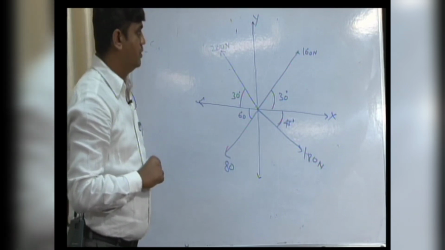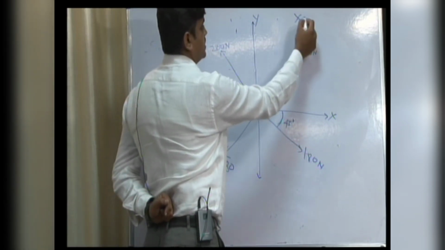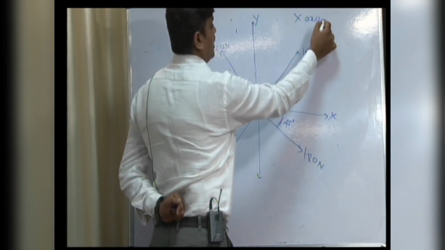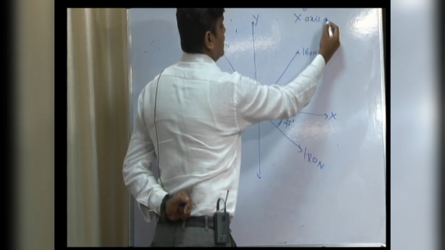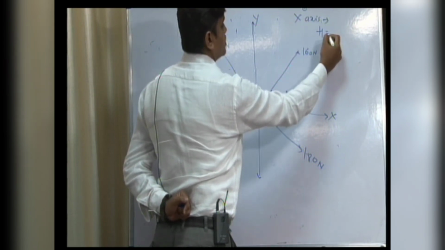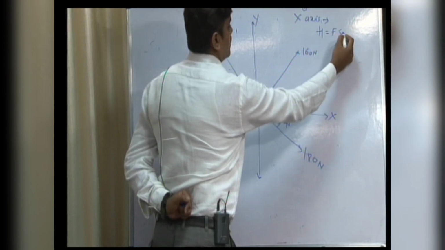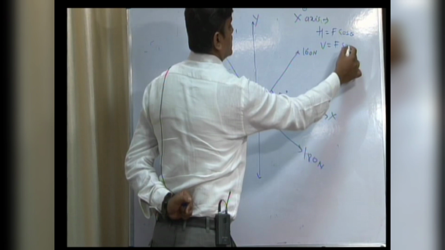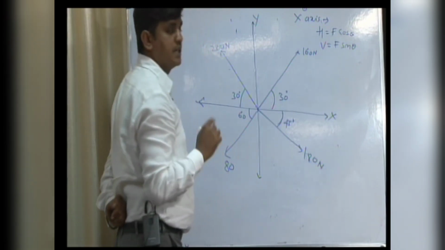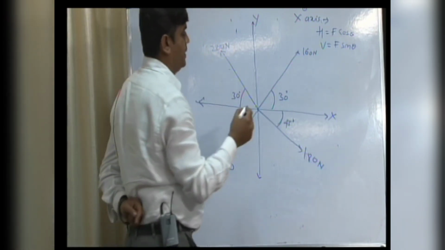As I told you, when it is with the x-axis, angle with the x-axis, h is equal to f cos theta and v is equal to f sin theta, and sign conventions also we have to remember.